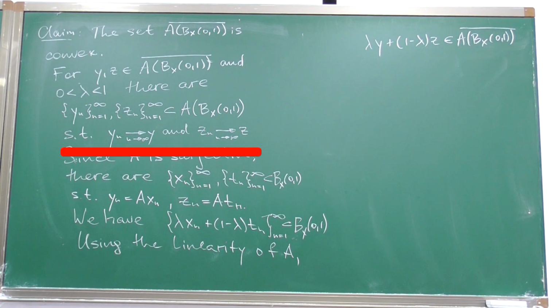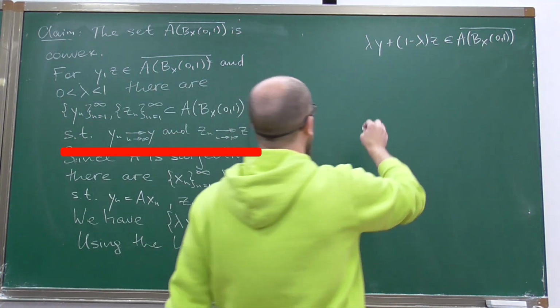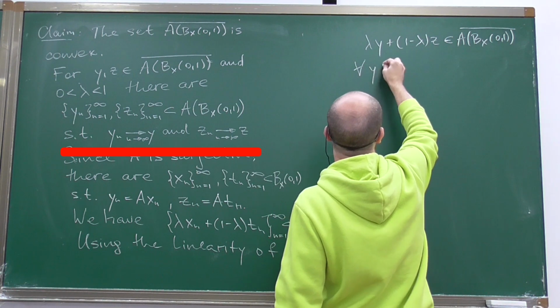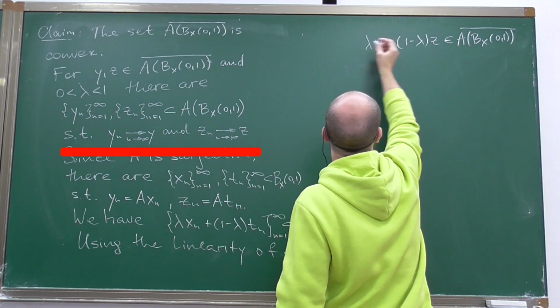Having these two properties, let's go back to the fact that this set contains an open ball centered at y0. So let us take a point y back to proof.